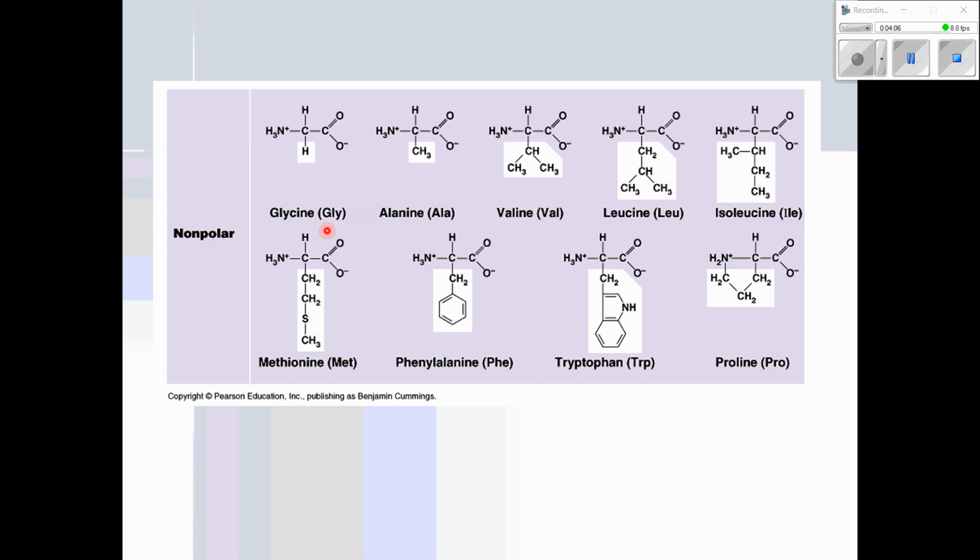The simplest of all amino acids is called glycine. Here's the amino group. Here's the carboxyl group. Notice that that part looks exactly the same for every single amino acid. Amino group, carboxyl group.